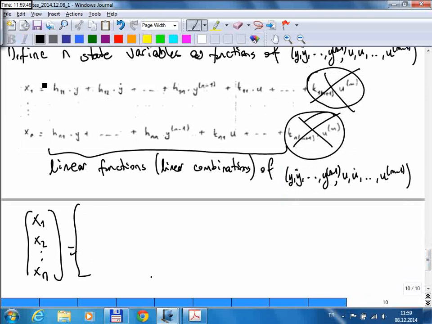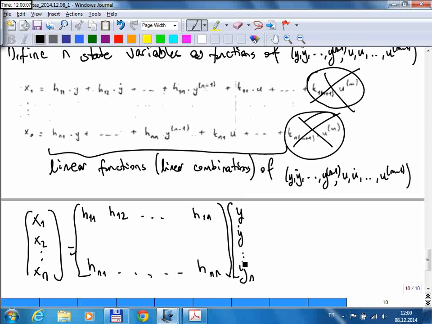On the right hand side, I have h11, h12, up to h1n, and hn1, up to hn, times y, y dot, all the way to the n minus first derivative of y. Then plus there are some u terms.